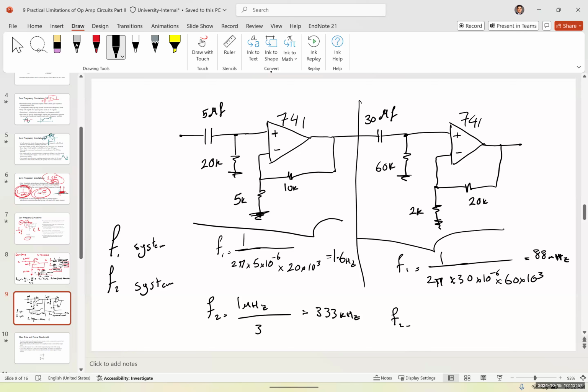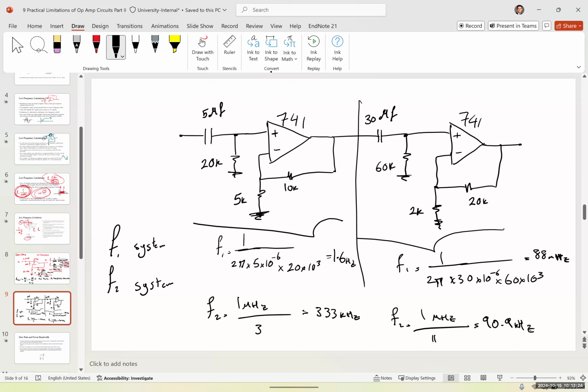What about F2? It's going to be the gain bandwidth product, which is 1 megahertz over 1 plus 20 over 2, which is 11. So it's going to be 90.9 kilohertz.